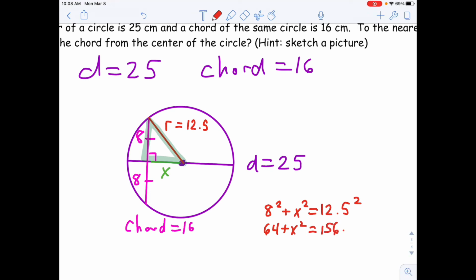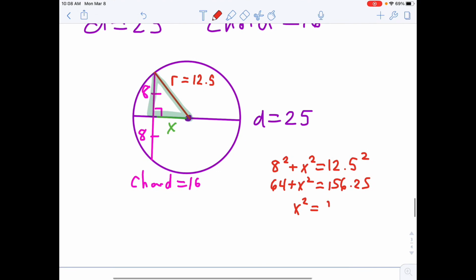And 56.25, subtract 64 from both sides, x squared equals 88.25. Take the square root of both sides, and x is approximately 9.4.